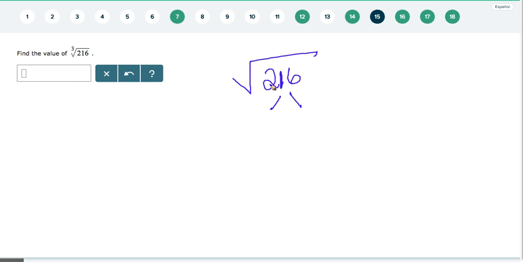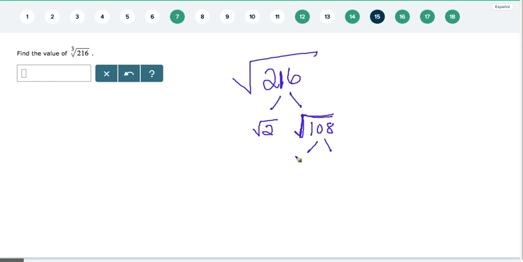So basically I'm looking for two numbers that multiply to make 216. Well, it's even, so I know a 2 is a factor. 2 times what equals 216? Well, 108. Okay, so 2 times 108 equals 216.